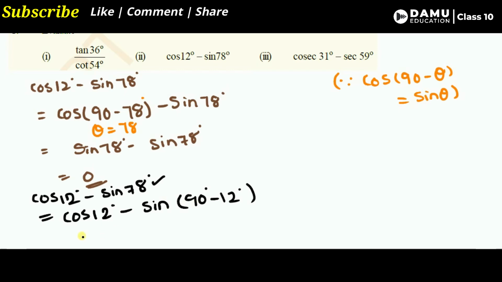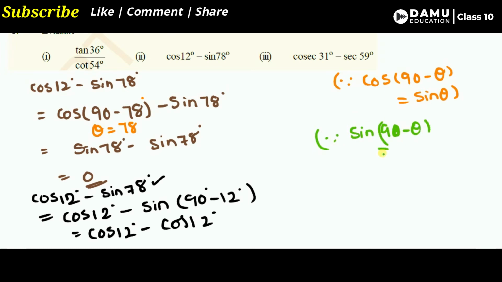So we get cos 12 degrees minus cos 12 degrees. The formula we use is sine (90 minus theta) is equal to cos theta, where theta is equal to 12 degrees. These cancel, and we get 0. Like this we need to find it.